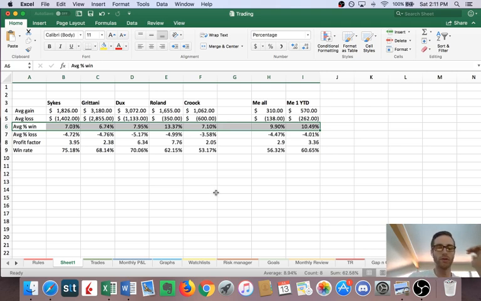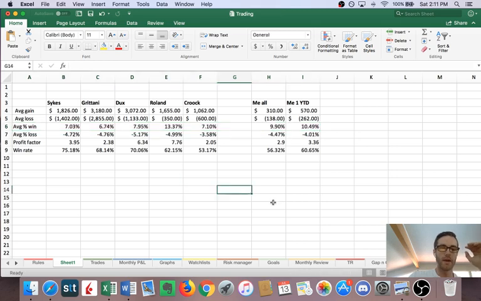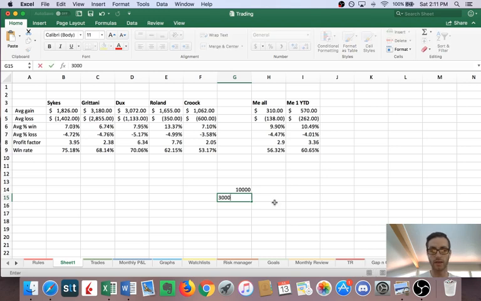For those of you who don't know what profit factor is, it is your gross profit over your gross loss. So what's your gross profit? Let's say you add up all your profitable trades, and you make $10,000, and let's say you add up all your losing trades and you lost 3,000.